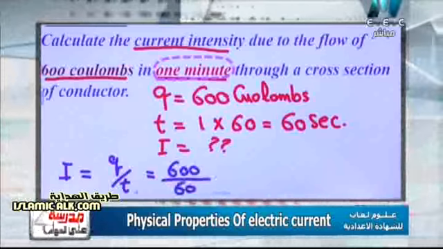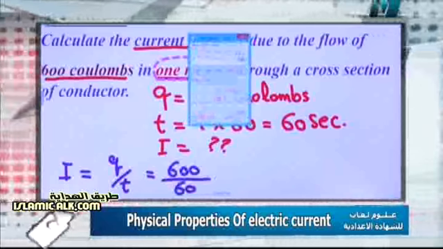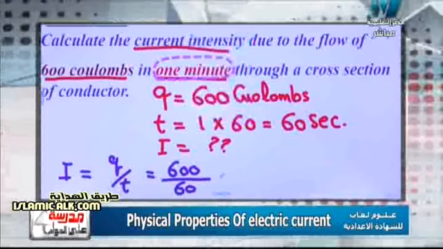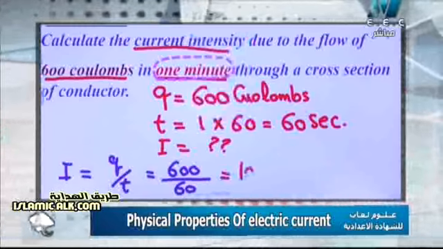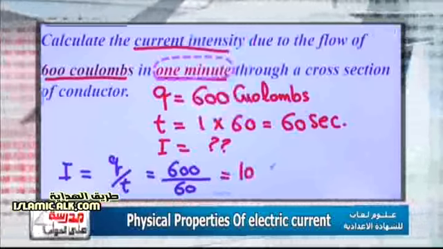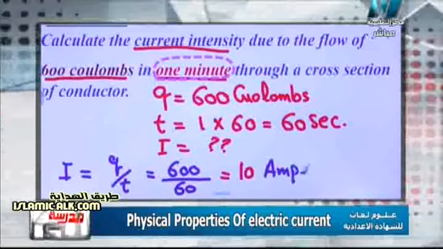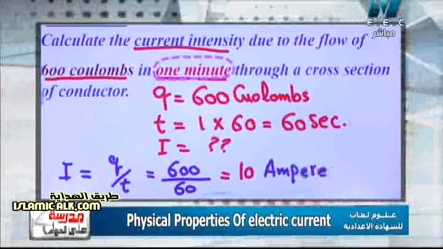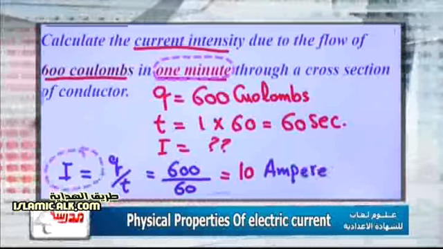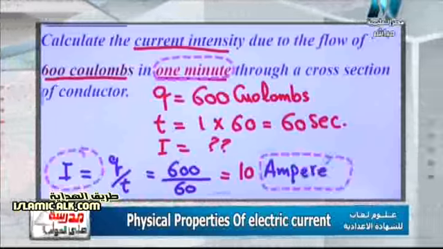By using the calculator, 600 over 60 equals 10. 10 what? We have measuring units. Equals 10 amperes, because we talk here about the electric current intensity, and the measuring unit of electric current intensity is ampere.